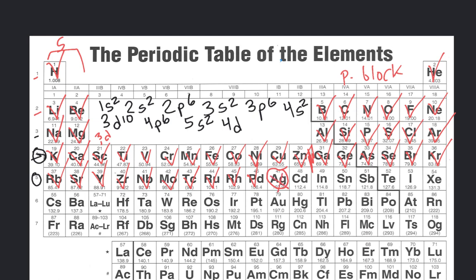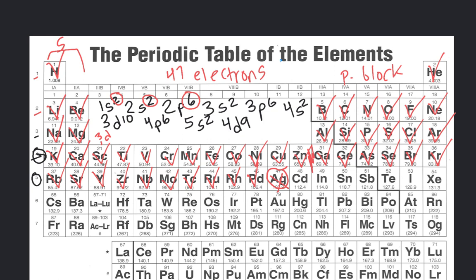So we're going to be right here, 47. And if you add up all the exponents that you see, the 2, the 6, all the way down, you're going to get 47 electrons total, the 47 electrons that silver has. And so we know that's the correct electron configuration.